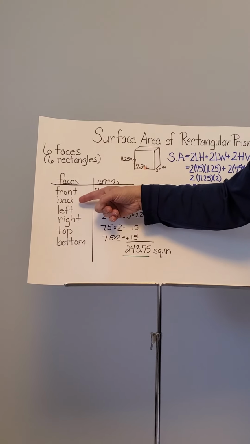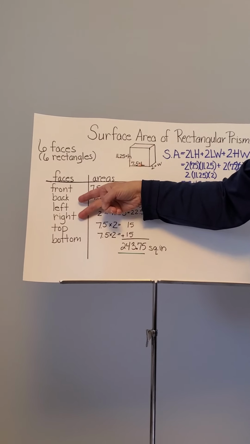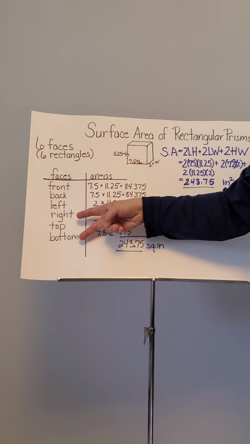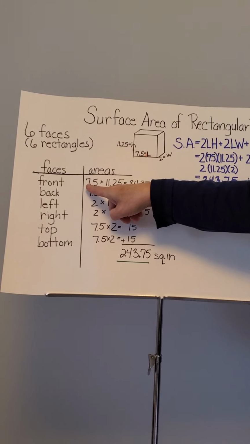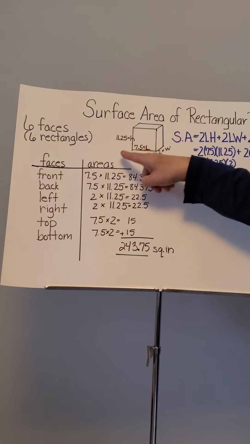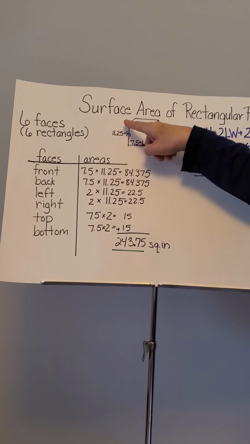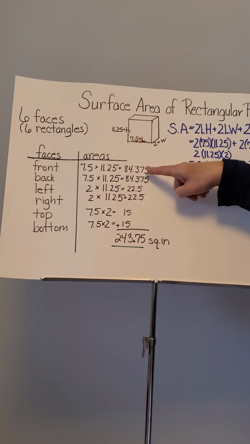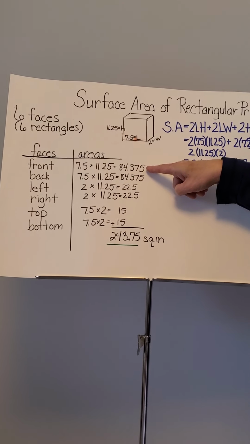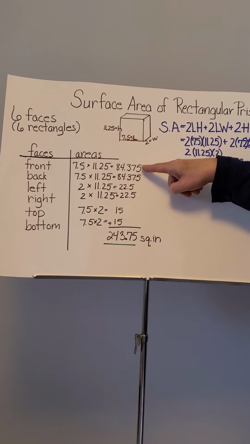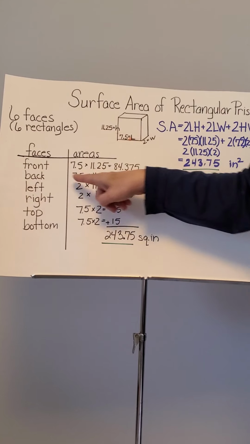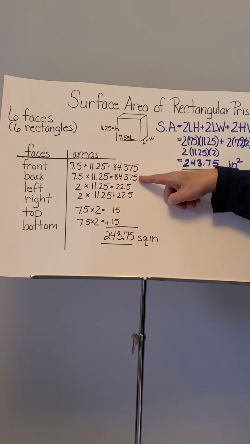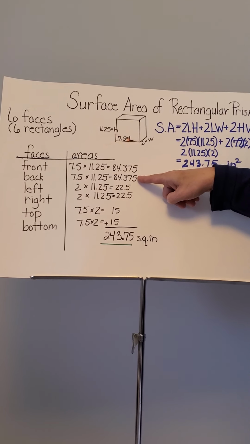The front matches the back of the cereal box, left matches the right, and the top matches the bottom. So I used my net to figure out that the front is 7.5 by 11.25 high, and that area is 84 and 3/8 square inches. And that front face matches the back face. Again, 84 and 3/8 square inches.